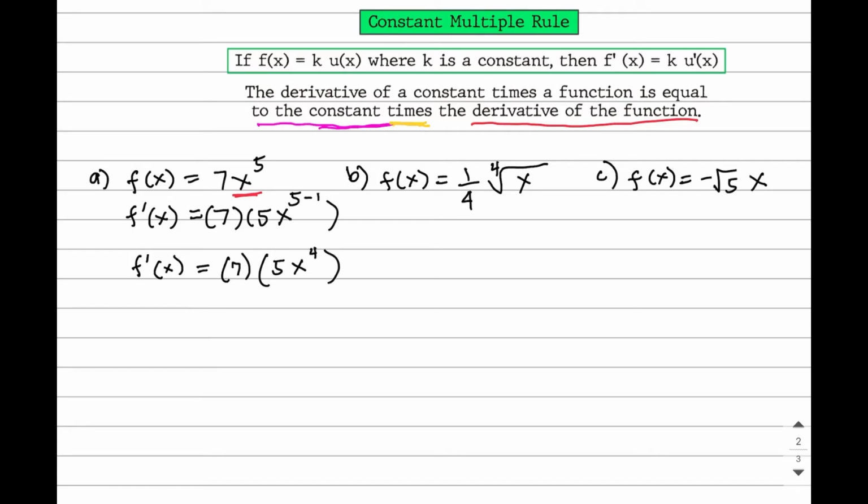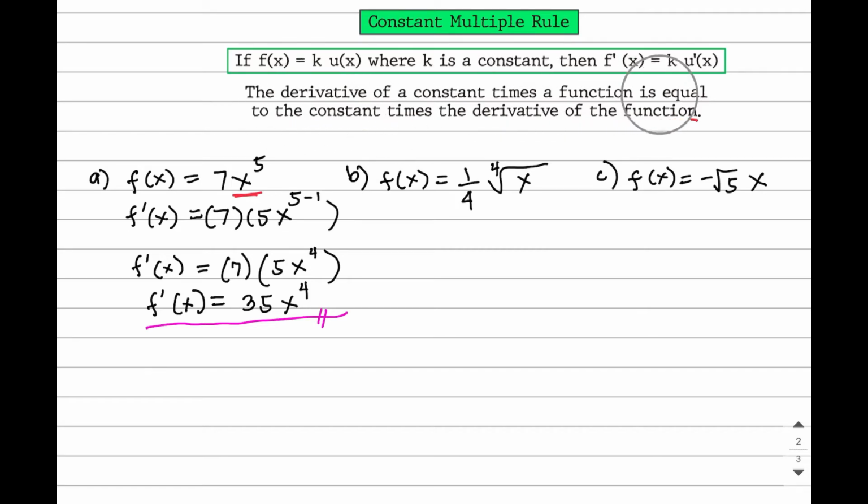So, it's like that. Okay, multiply natin. 7 times 5, this becomes 35x raised to 4. Then, this would be our final answer. So, the derivative of 7x raised to 5 ay 35x raised to 4.